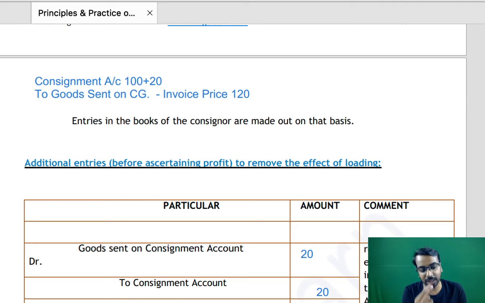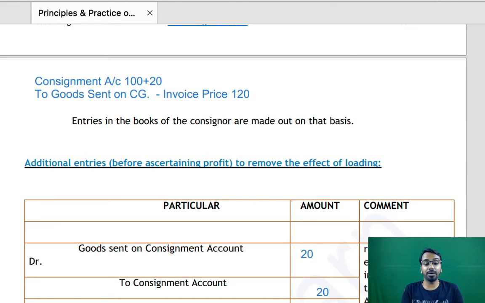Immediately, please keep it in mind, immediately pass the reversal entry for reversing the load which is charged. So you debit the goods sent on consignment account by 20 and you credit the consignment account by 20. Debit of 120, credit of 20, it becomes 100, which is at cost.